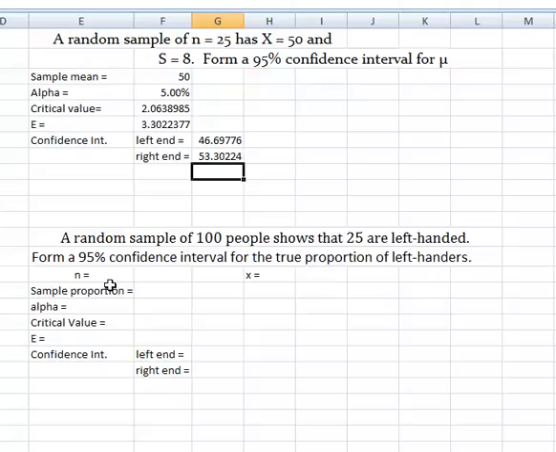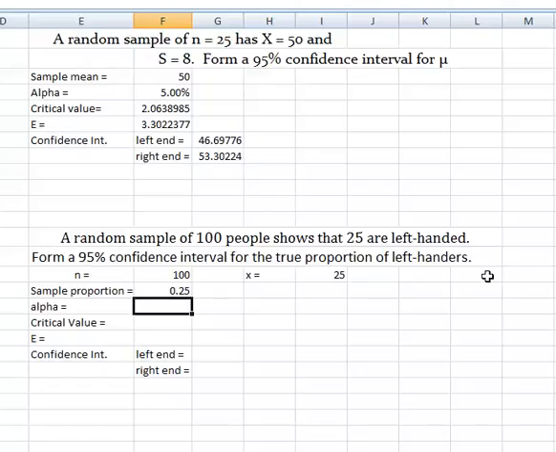N is the sample size, which is 100, and X is the number of left-handers, 25. The sample proportion equals X over N, 25 over 100, so you get 0.25.